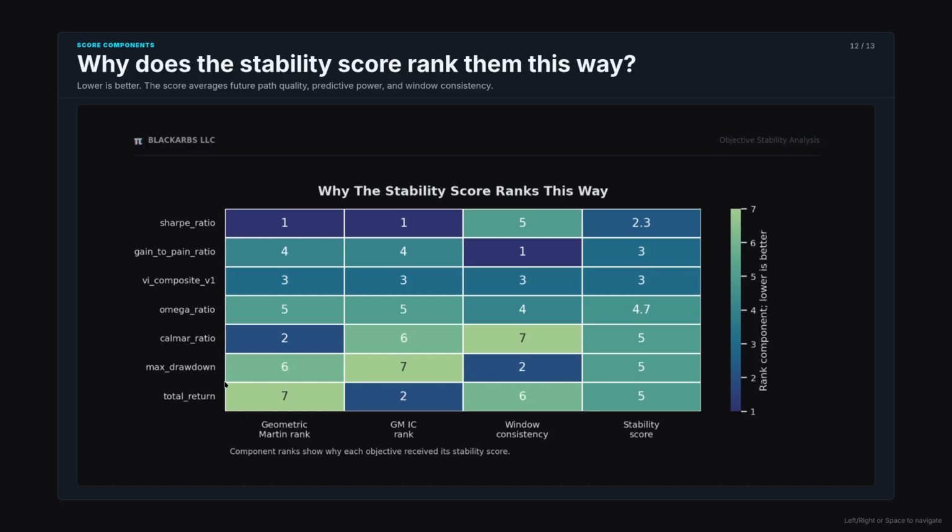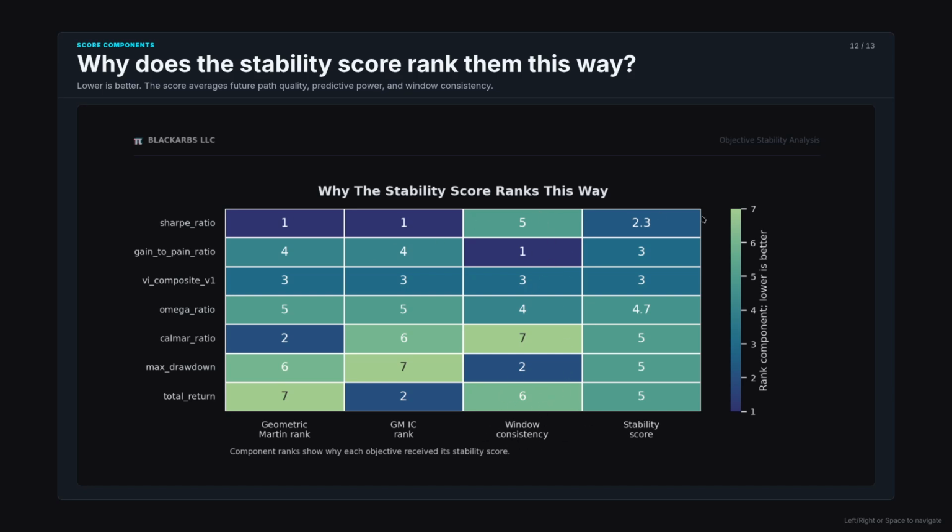I want to go to the stability score. So this is how the stability score is created. So first, it's the geometric Martin ranking for each of the optimizers, the objectives that we use for the optimizer. Then it is the information coefficient using the geometric Martin ratio, and then the window consistency.